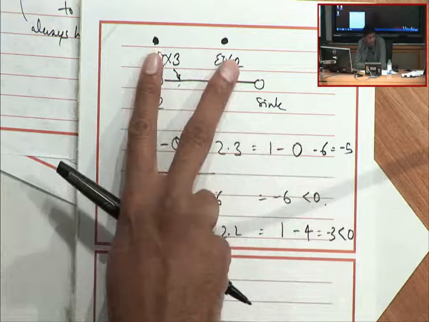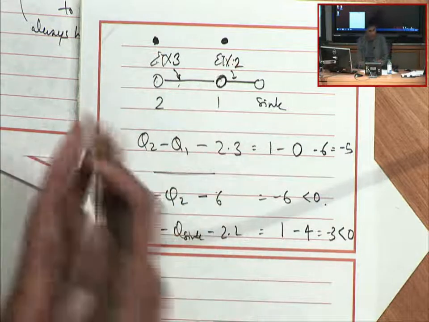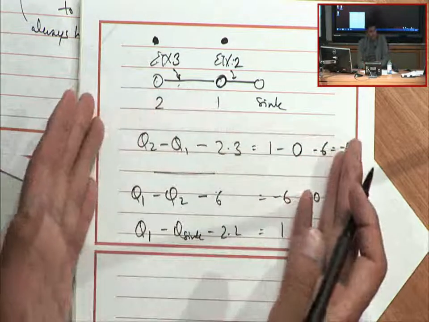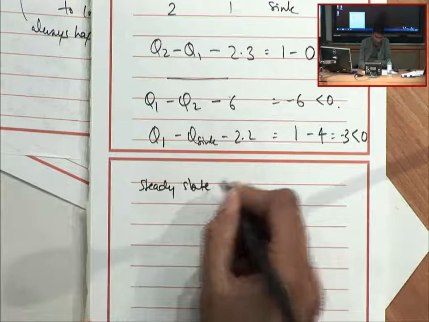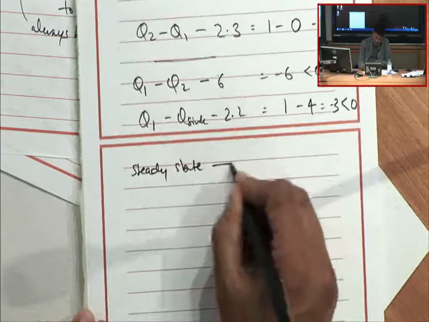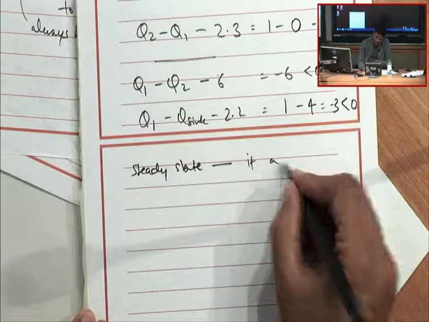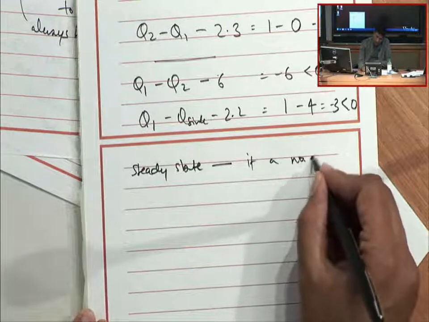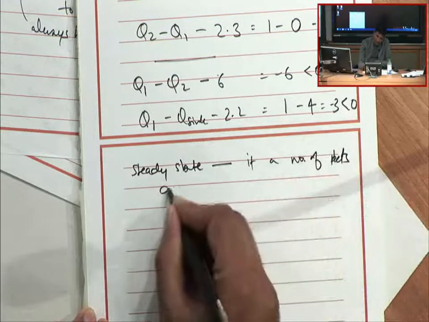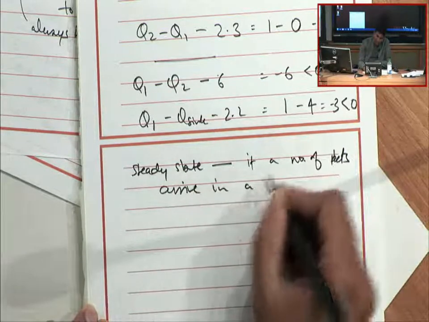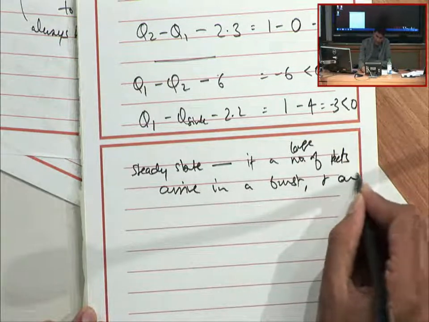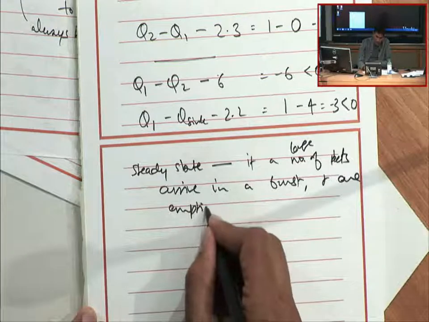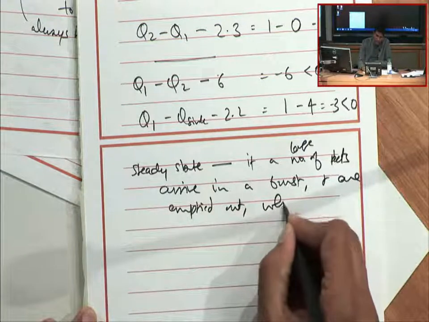So if you have just these 2 packets sitting in the queue, nothing else shows up, they will just sit in those queues doing nothing. Okay? So the steady state notion is basically: if a number of packets arrive in a burst, let's say a large number of packets arrive in a burst and are emptied out, which packets remain where?